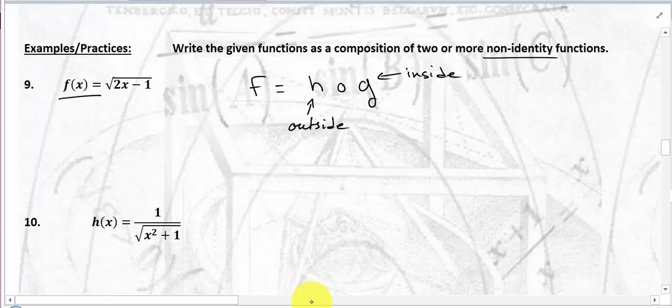Okay, what you cannot do right here would be to say that g of x is square root of 2x minus 1 and h of x equals x, right? If you do h of g of x, you take g and you throw it into h, right? So it is equal to square root of 2x minus 1, which is f of x.